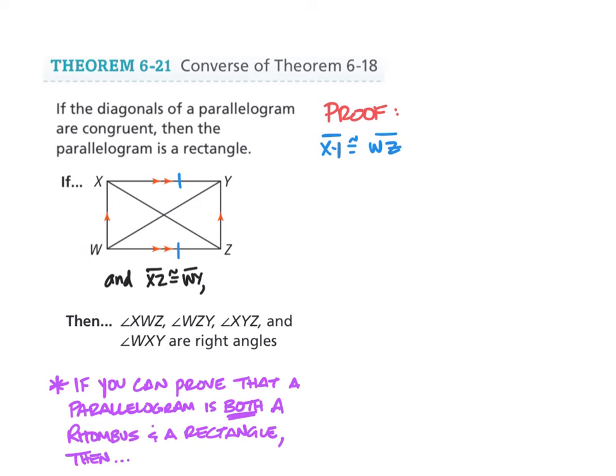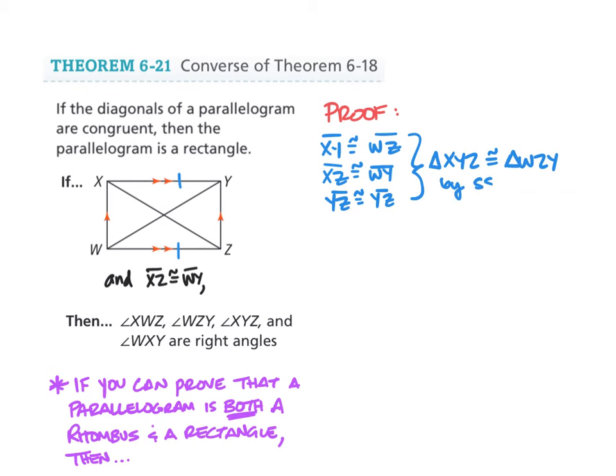And then I also know that segment XZ is congruent to segment WY. That's part of our given information right here. Third, I know that both of those triangles use segment YZ, so I'm going to say that it's congruent to itself. Now that all put together tells me that triangle XYZ is congruent to triangle WZY because of side, side, side.